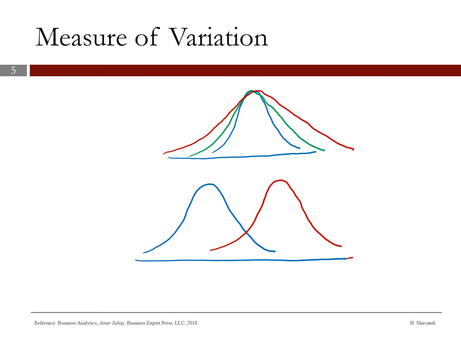They have the same standard deviation, but as you see here, the mean, let's say this is for the first data set, and the second one, the mu2, is significantly greater than mu1.